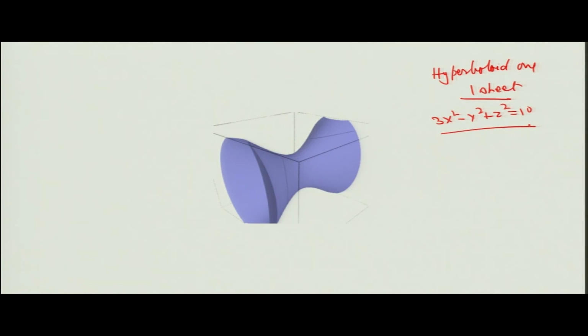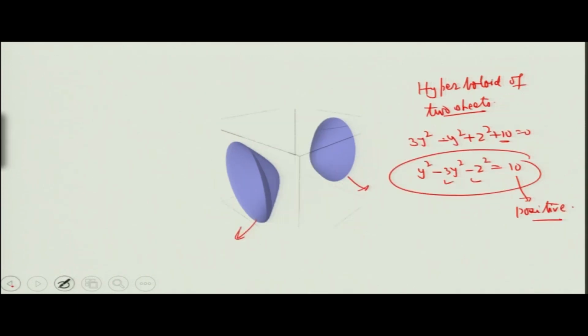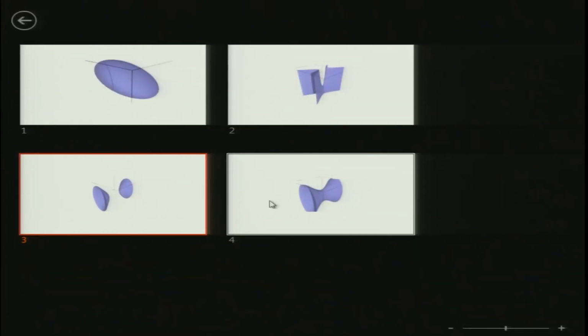So, this is again taken as positive, and there is only one negative, all right, only one negative implies one sheet. In the previous one, if you see, I had two negatives here, and therefore there were two sheets. Is that okay? So, they get related with these ideas that you have.